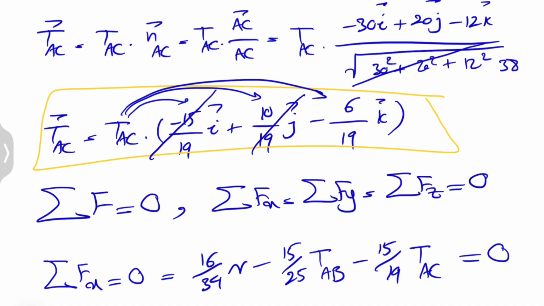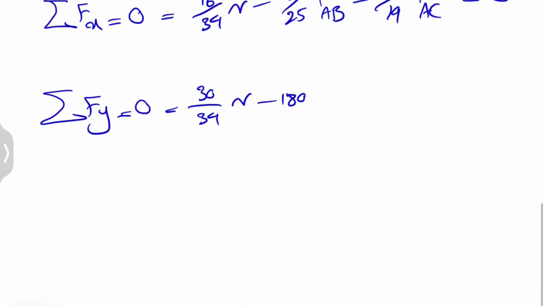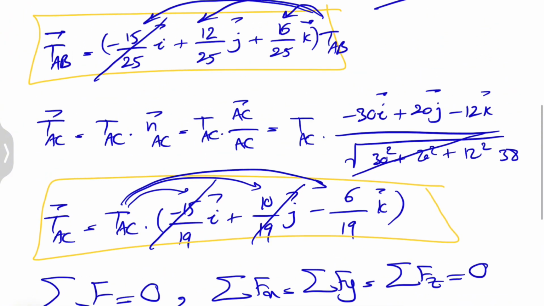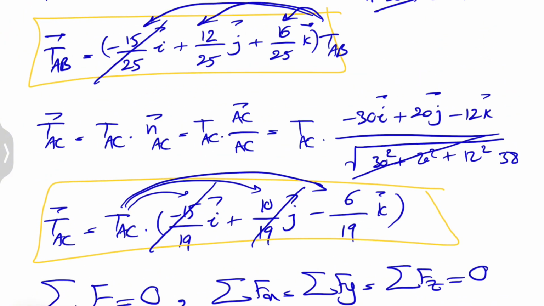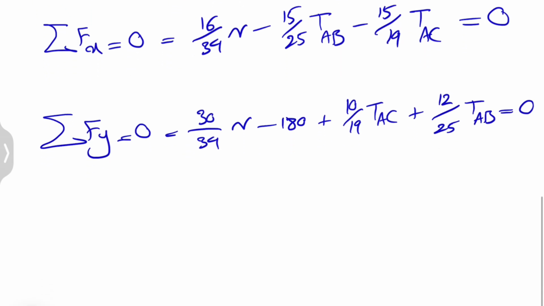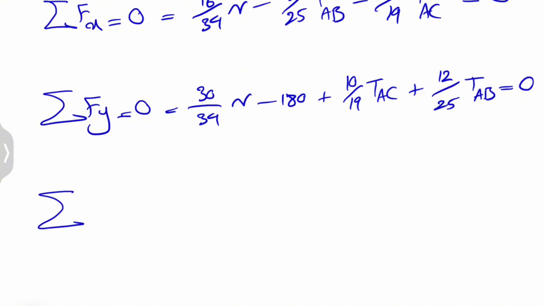The second force, TAC, times 10 over 19, plus 10 over 19 TAC. And I forgot TAB, so we have 12 over 25 TAB plus 12 over 25 TAB. So same scenario, this one also we have the three unknowns. Let's move on to the last one.